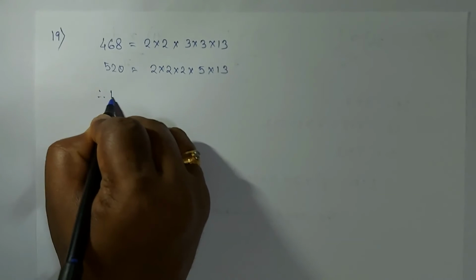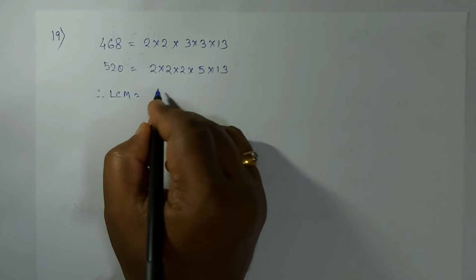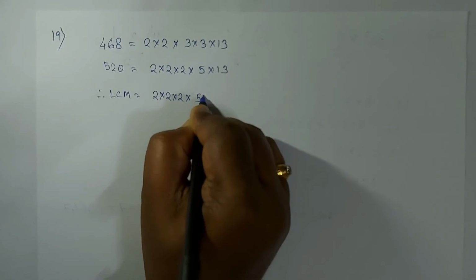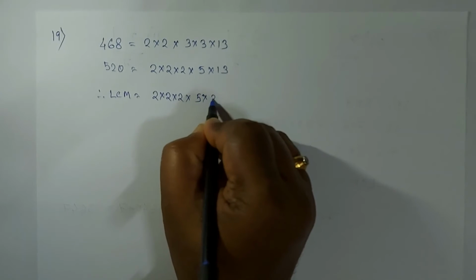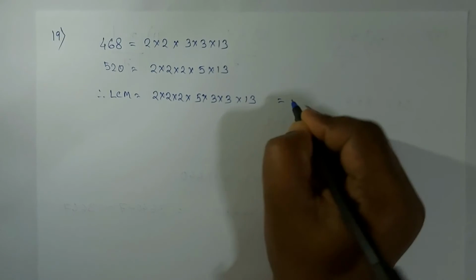So therefore the LCM of this will be 2 into 2 into 2 into 5 into 3 into 3 into 13.